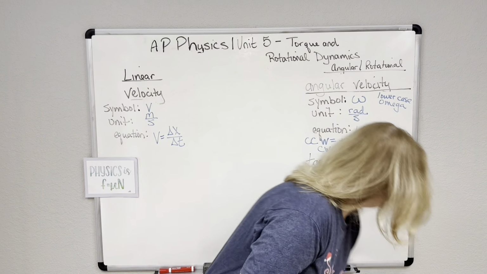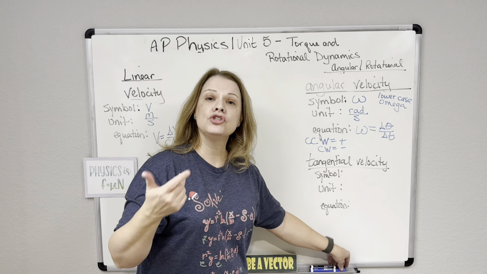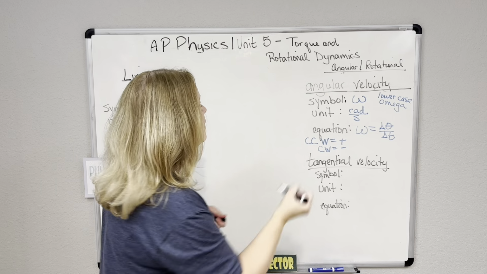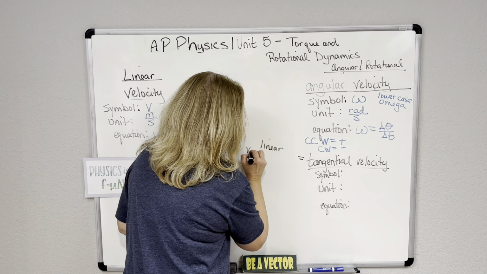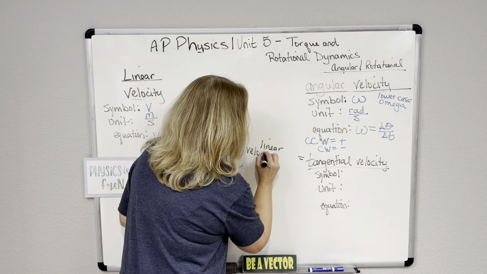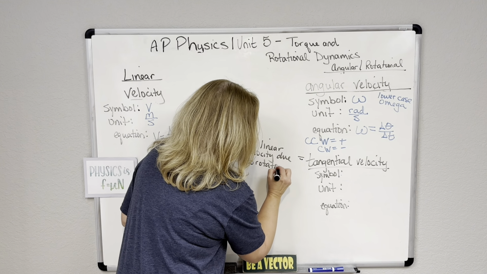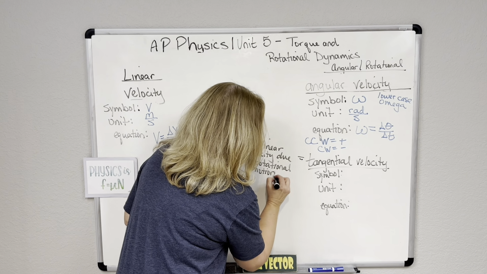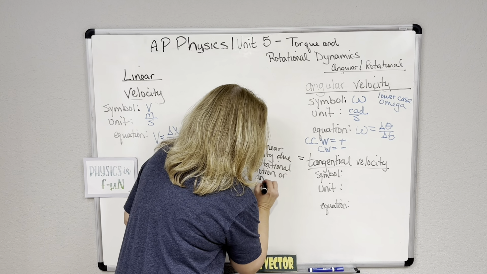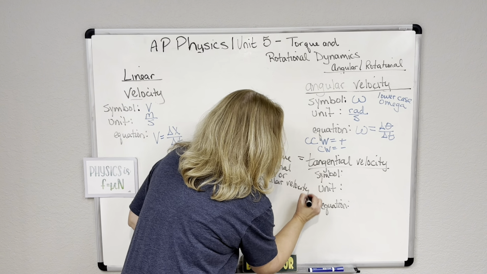So instead of just linear velocity, we like to call it tangential to recognize that this is linear velocity due to rotational motion. Or, if you want to say, due to angular velocity. They are dependent on each other, okay?